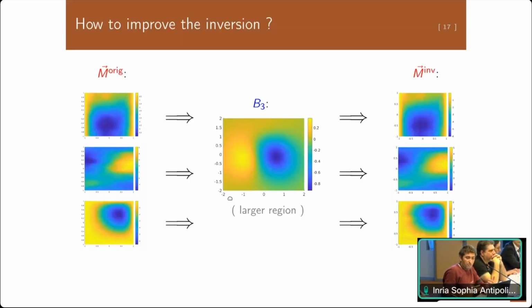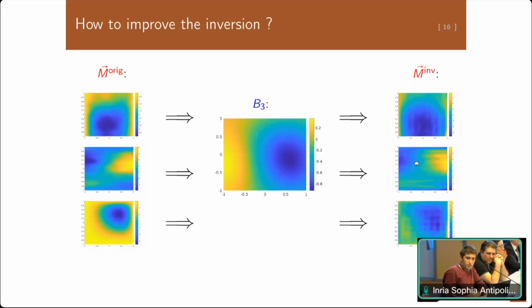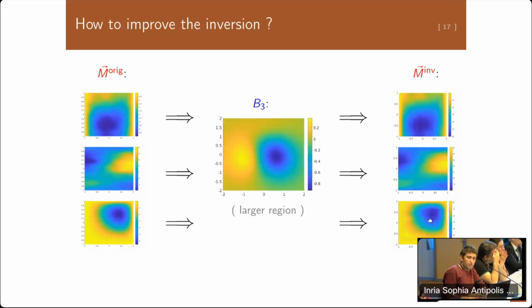But suppose we have measurements over a larger region, the minus 2 to 2 square. Then the magnetization reconstruction improves a lot. I'm going back and forth between these slides, and you see that the reconstructed magnetization got much closer to the original one with a larger region.